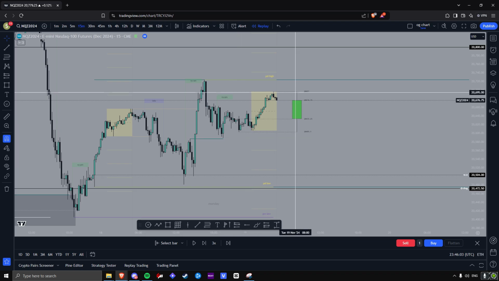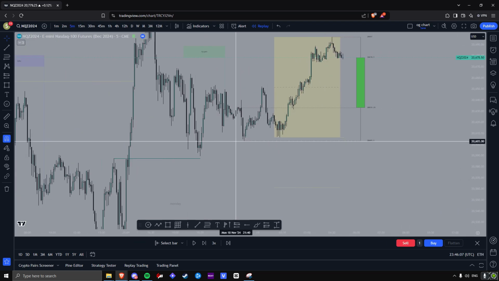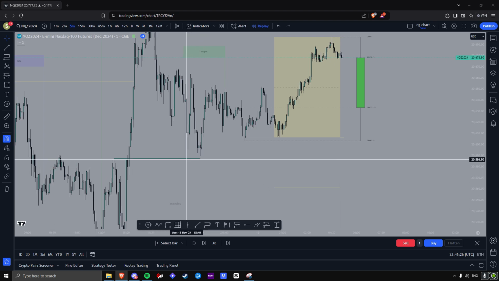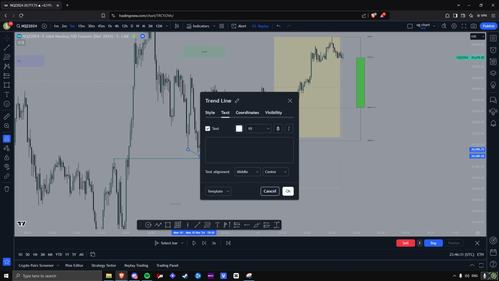As we can see, price does gravitate towards it. You can see that we left fair value gaps behind as well over here. On ES, we do have SMT right there.